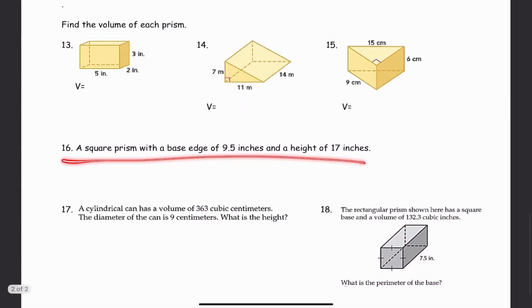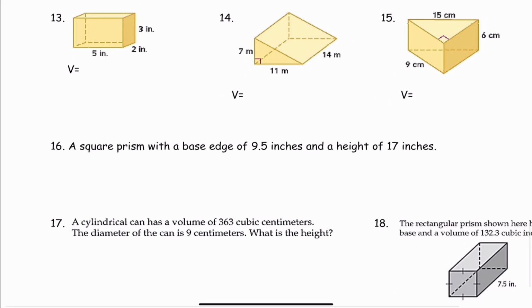Let's take a look at this one. When it says find the volume of each prism, 16 goes under this thing. So 13, 14, 15, you're fine. 16, the problem is in words, okay? So you're dealing with a square prism with a base edge of 9.5 inches and height of 17 inches.